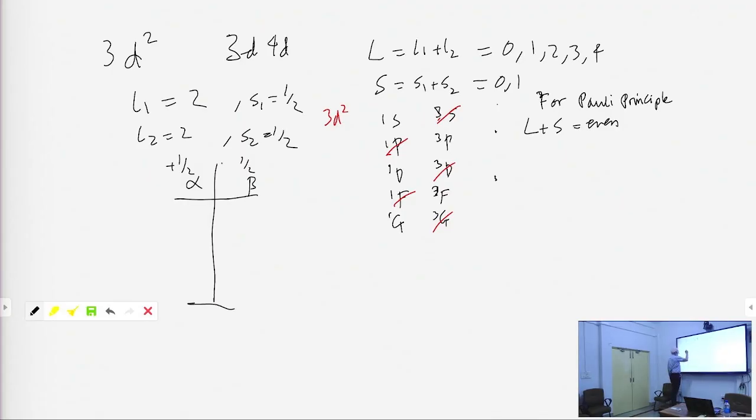So these, as you know, that's ms. So it's projections of the spin, plus and minus a half. And then you have to look at ml, the projections of L. And for D, there are -2, -1, 0, 1, 2. So we have 10 boxes.